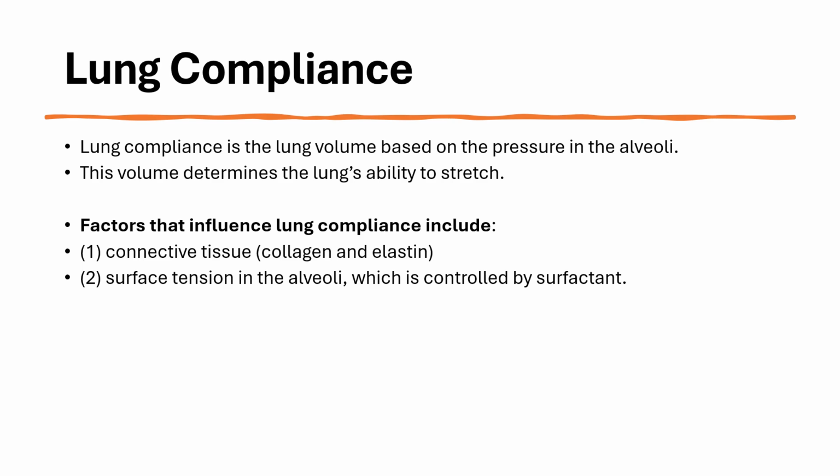With low compliance, there is decreased lung volume resulting from increased connective tissue or increased surface tension. The lung becomes stiff and it takes greater than normal pressure to expand lung tissue.